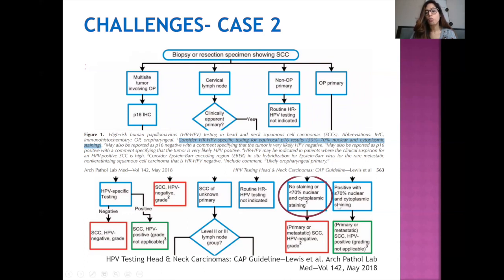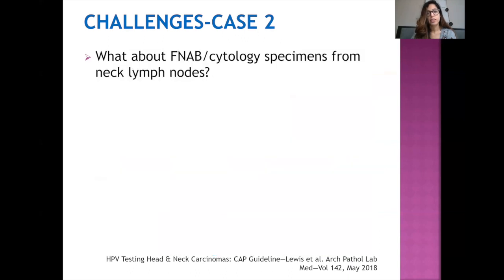So this is the only area in an oropharyngeal primary where you might consider following up with high-risk HPV testing, if the P16 is in this equivocal category of between 50 to 70%. If it's less than 50%, it's outright negative. You don't need to follow it up with high-risk HPV testing.